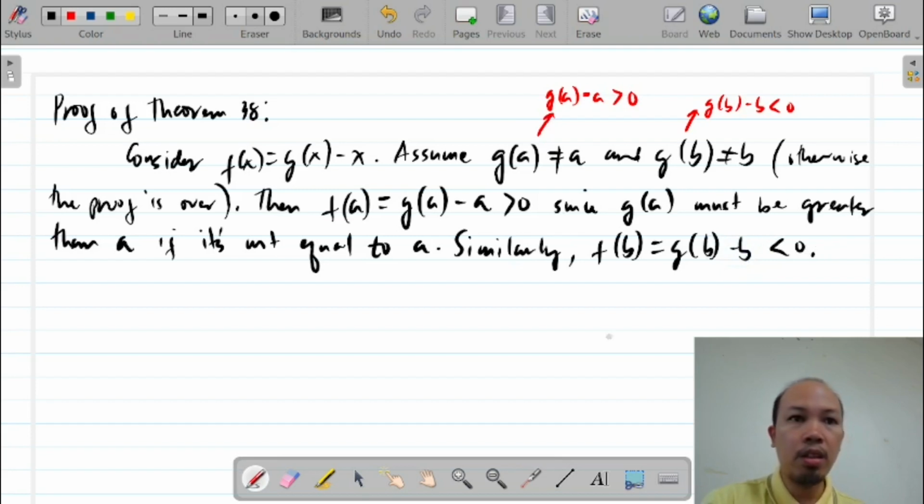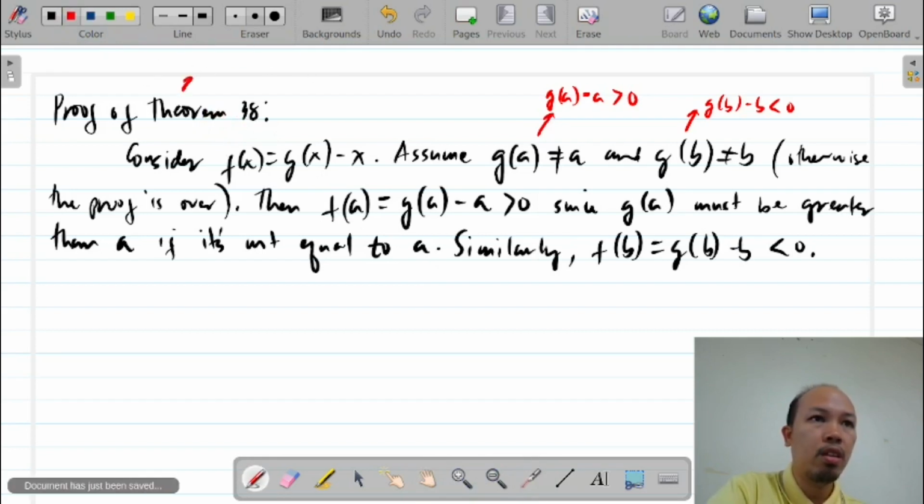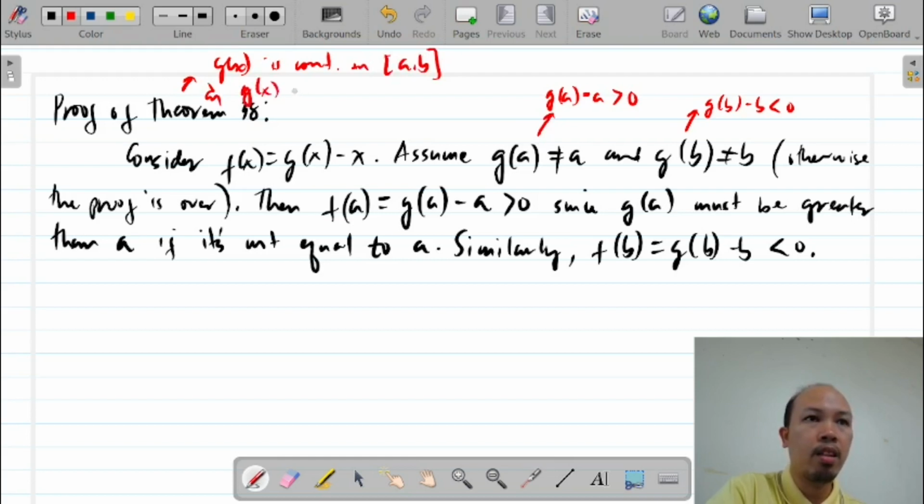Notice also that based on the assumption of Theorem 38, I don't know if you recall, g of x is continuous on the closed interval AB, and all the images of g of x are elements on the y-axis. Okay, am I right? For all x in AB.